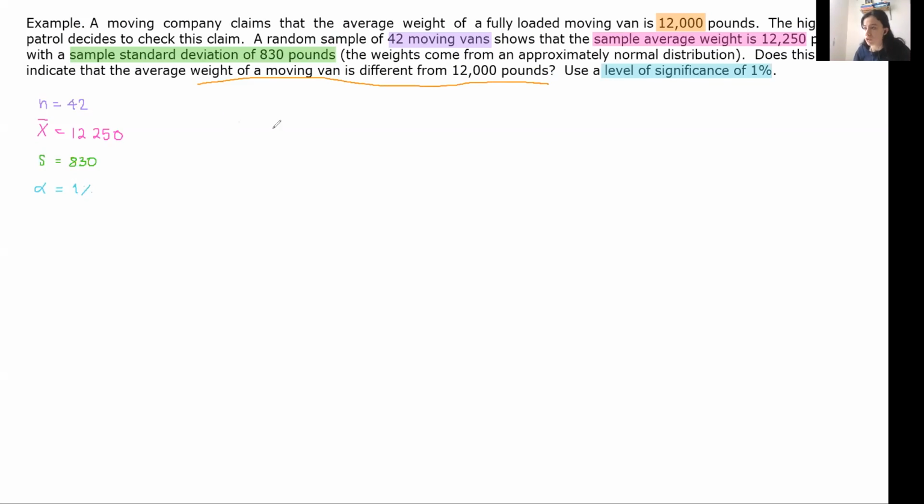So what I'm trying to prove is that mu is different. So the mean average weight of a moving van is different than 12,000 pounds. Okay, do I have any questions about this? No questions, okay. So this is what we're trying to prove.